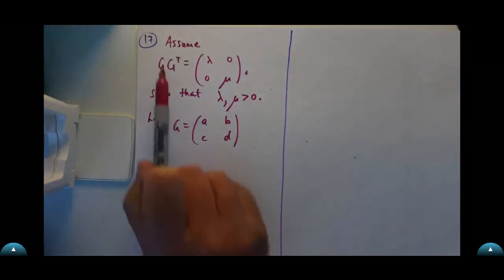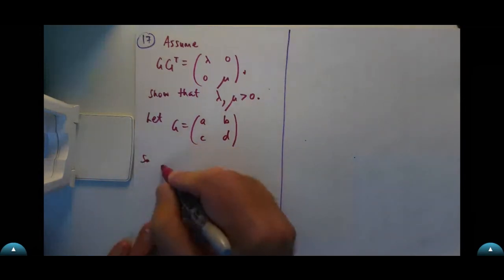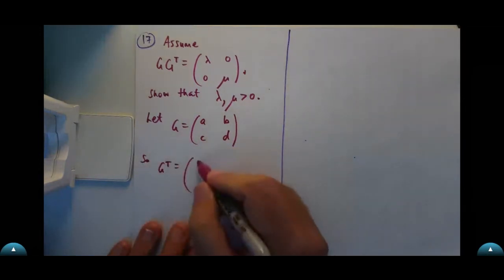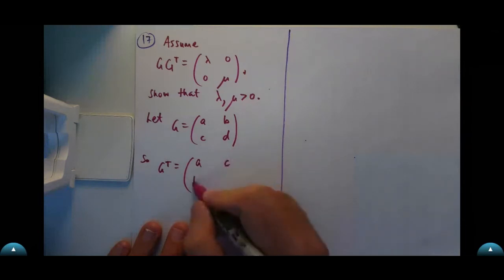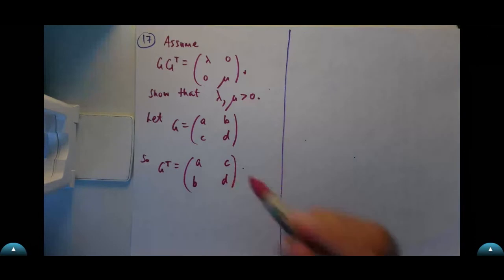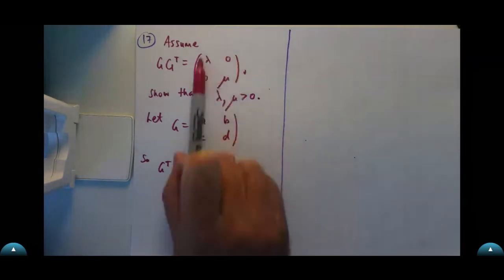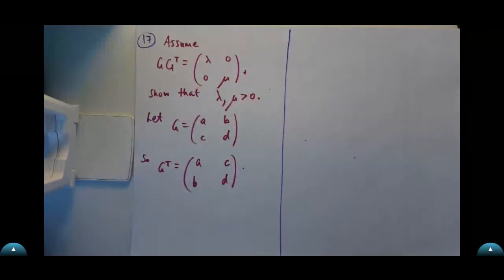So let's work out the transpose and then multiply to get the left-hand side. And then we can compare it with the right-hand side. Okay? So this times this is this magical diagonal matrix.